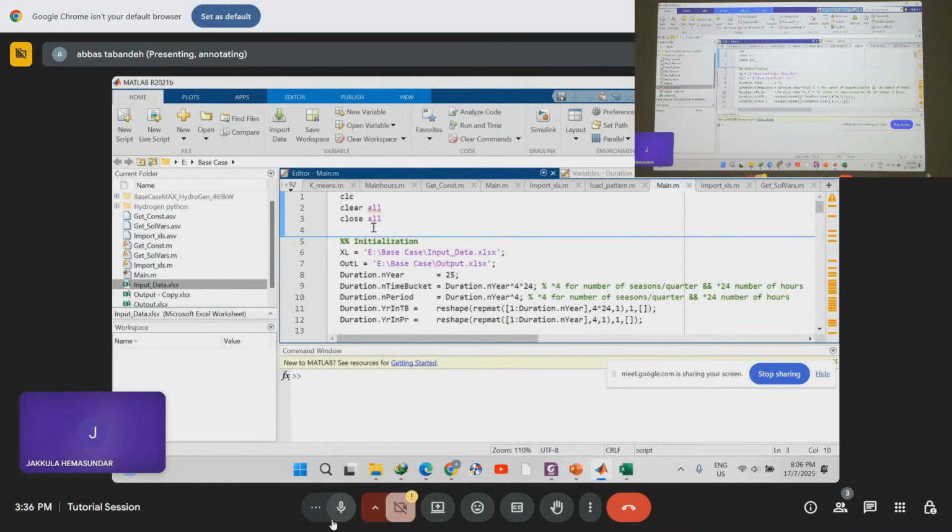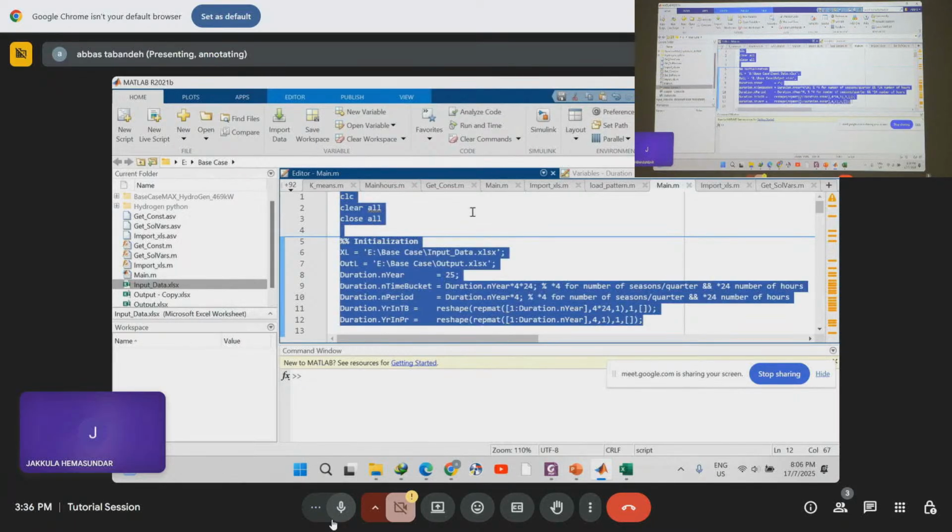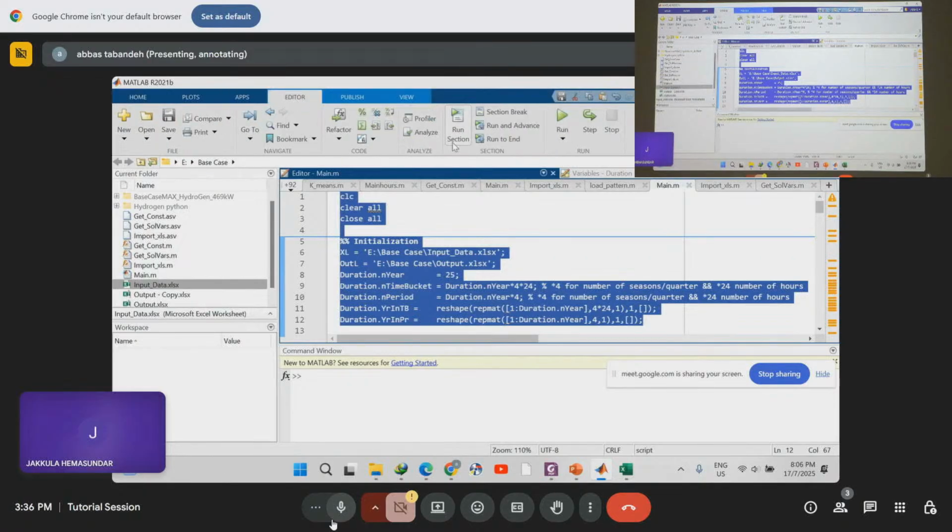Again, repeat it: select these sections, go to the editor, and run section. You should receive this output in your workspace: duration, out, LX.